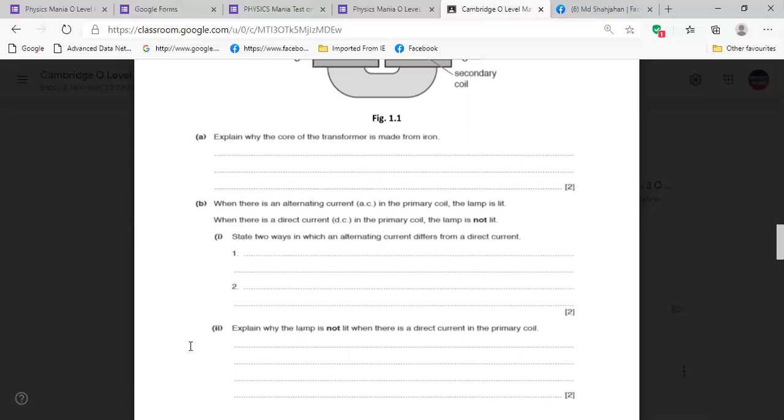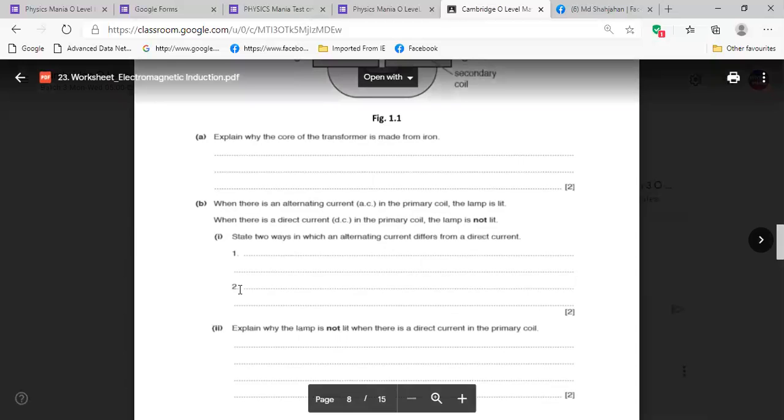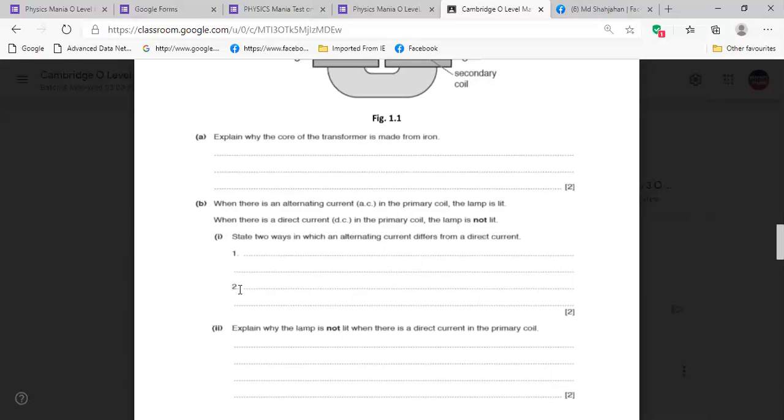So what should be the appropriate answer? Alternating current changes direction and direct current goes only in one direction, right? Then what is the next answer? Next point, 2. I couldn't write the second one.